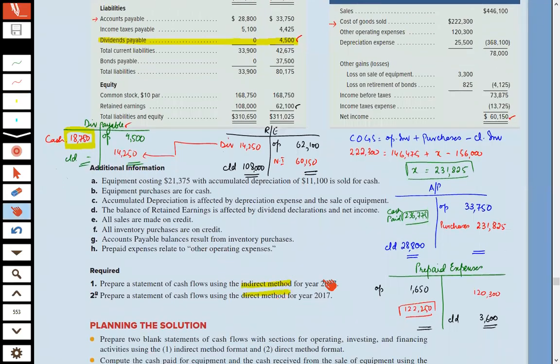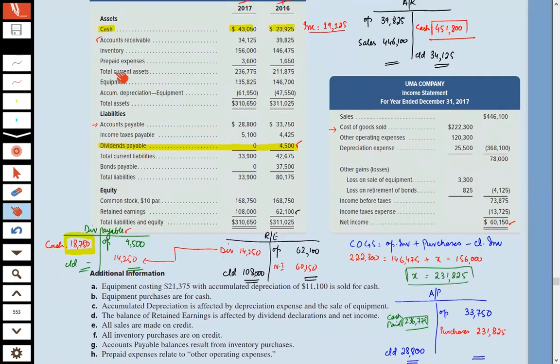Okay, now let's quickly go through the other items for the investing and financing activities. This is the total current assets, equipment, accumulated depreciation, equipment. From this, we can easily get to know that the organization is following straight line method and the calculation for the depreciation is simple. You can calculate it. Income taxes payable, we have done. Dividend payable, we have done. It is the bonds payable, that is financing activities.